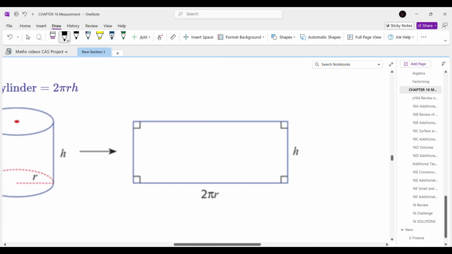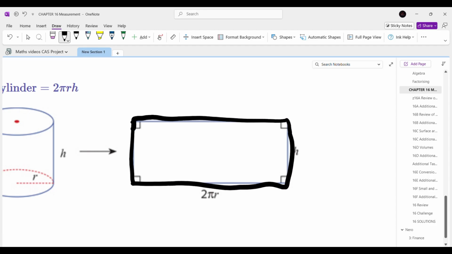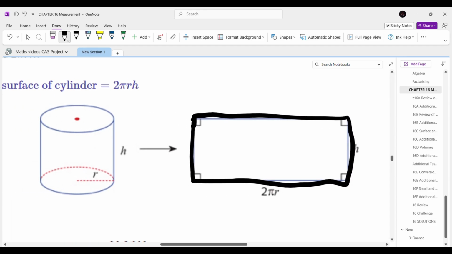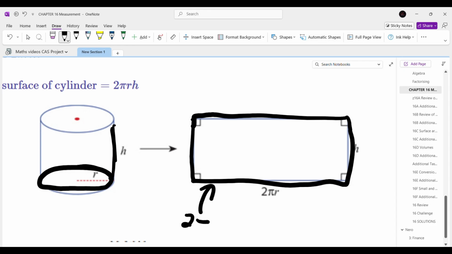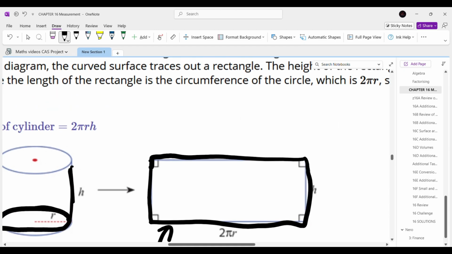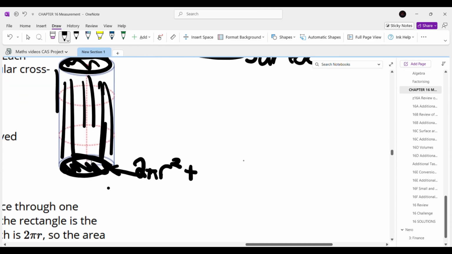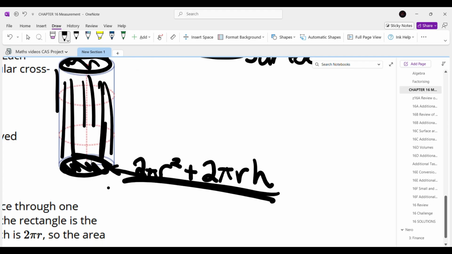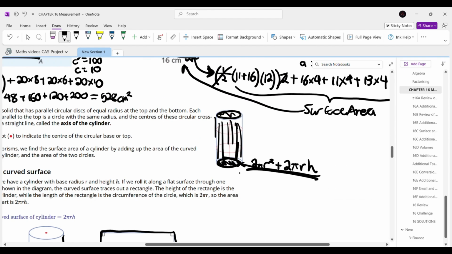When we unwrap it, as you can see here, it just becomes a rectangle, which is equal to the circumference, because this is the length of the circle that it curves around, multiplied by the height. Because when you unroll it, this just becomes the circumference. The circumference of a circle is 2 pi r, so it becomes 2 pi r times h. So it's actually just 2 pi r squared plus 2 pi r h, and this is the surface area of any cylinder.